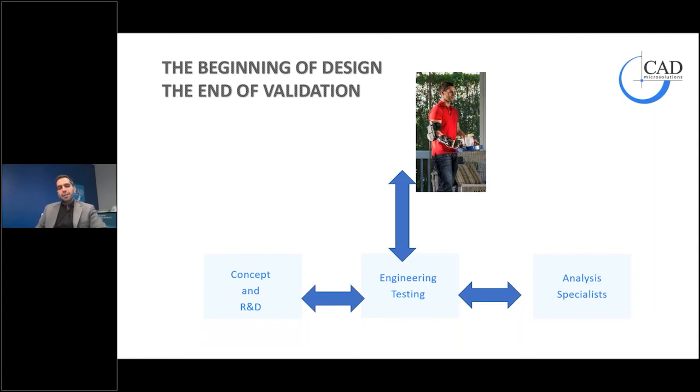Really, the final goal that I see here is that at the beginning of the design process, we should be able to end validations. How it works in a regular method of product development: we have concepts and R&D working, and they design a concept and prototype, and then we do prototyping, we do test.